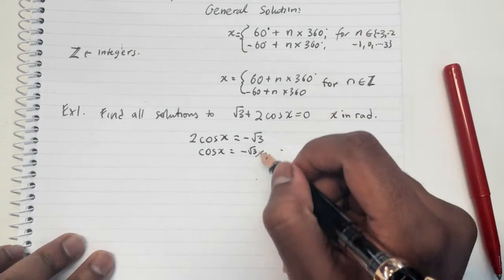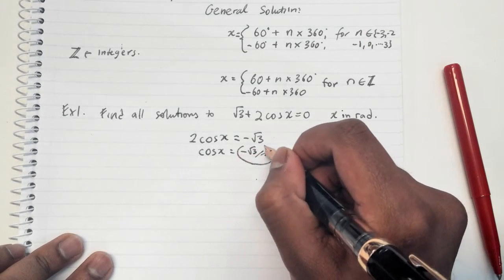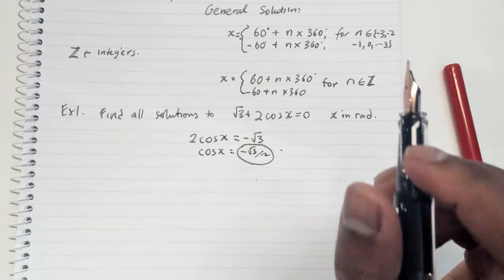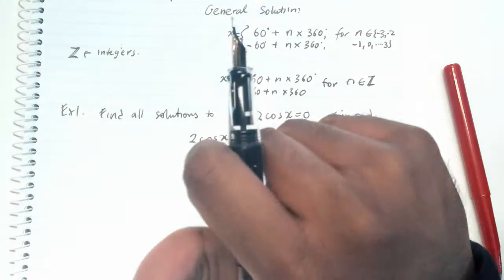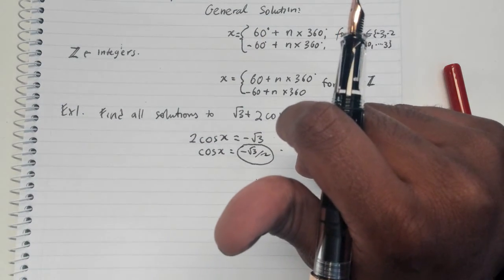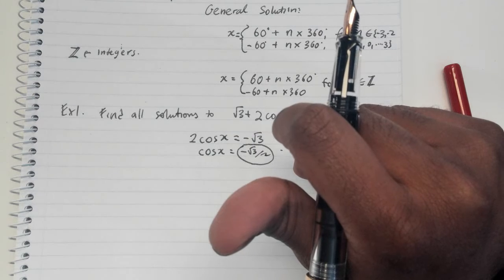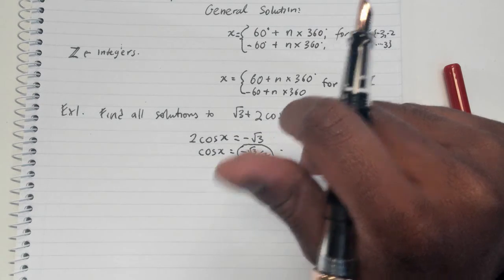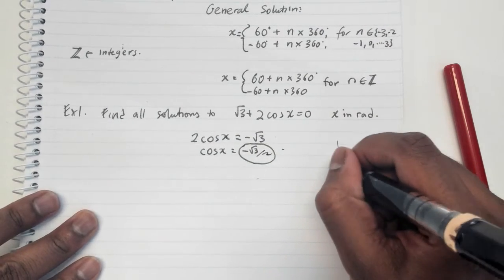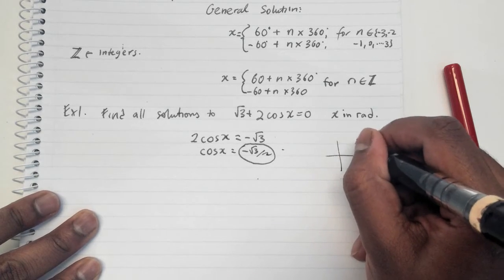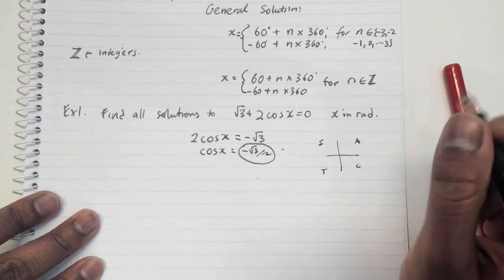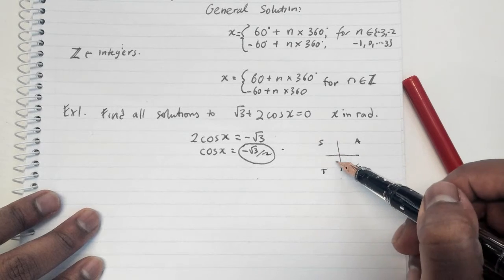So we can solve for that. Negative root 3 on 2. Exact values table. So it has to be negative. So where is it negative? There and there.